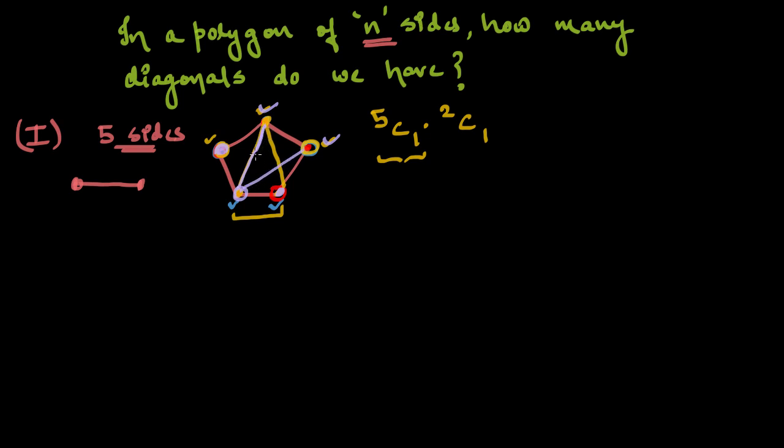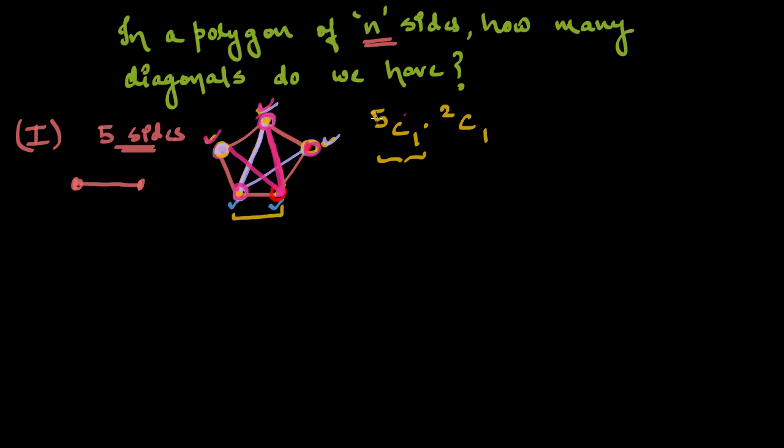But I am repeating the same diagonal that I have already counted, taking the other point as my starting point. Similarly, if this is my starting point, I cannot choose this or this, but I can choose this one and this one. So this will be my diagonal and this will be my other diagonal. But this diagonal I have already counted, considering the other point as my starting point.